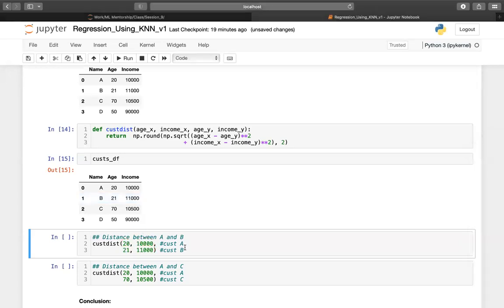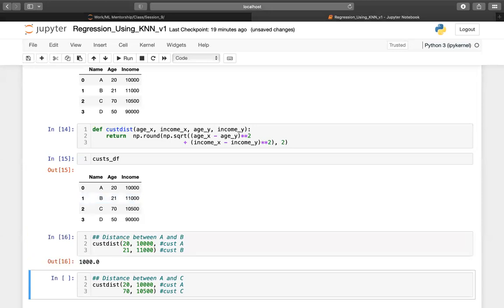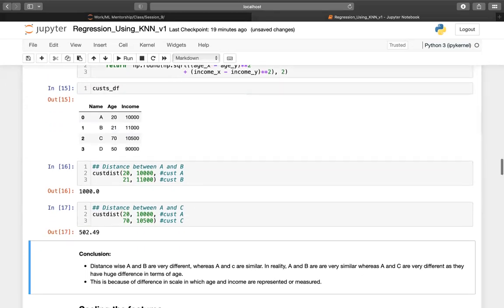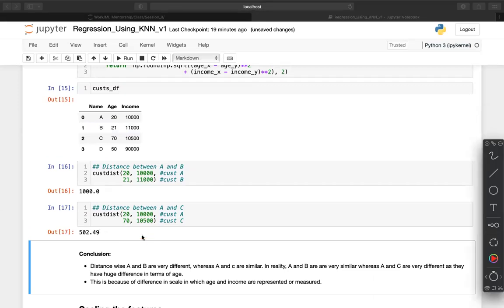If I calculate the distance, it says the distance between customer A and B is about 1,000. But customer A and C, which is 20-year-old and this customer is 70-year-old, with an income difference of about 500 rupees, the distance calculation says the distance between A and C is about 502, compared to A and B, which is 1,000.